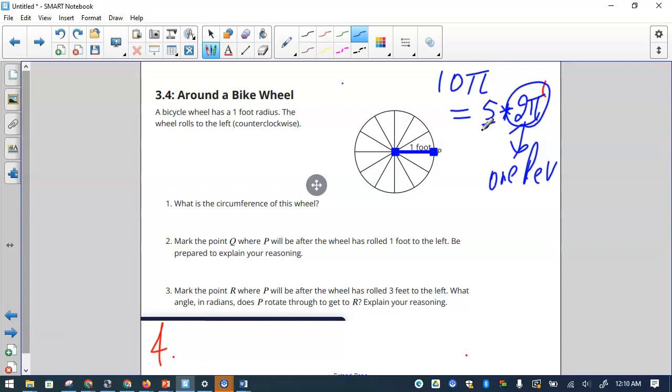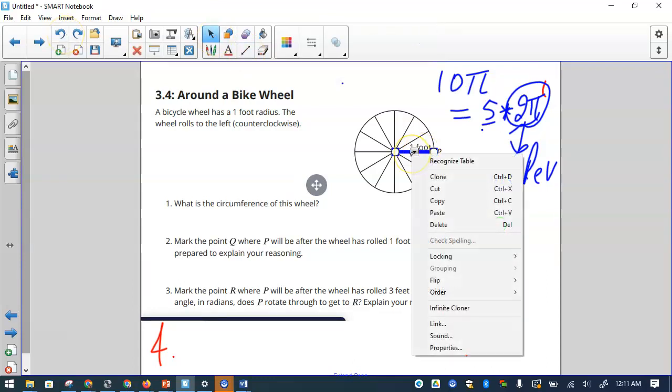So where will the point be if it says, let's say, 3/4 revolution? Let me clone this.